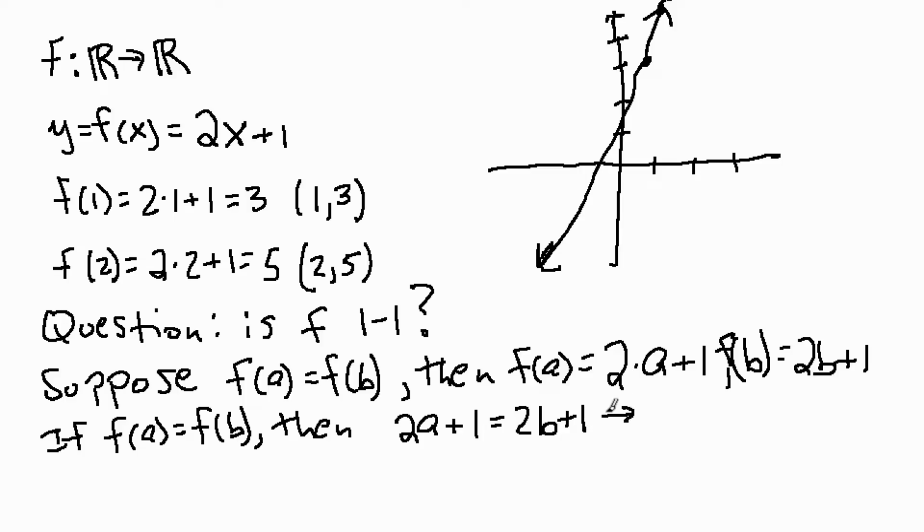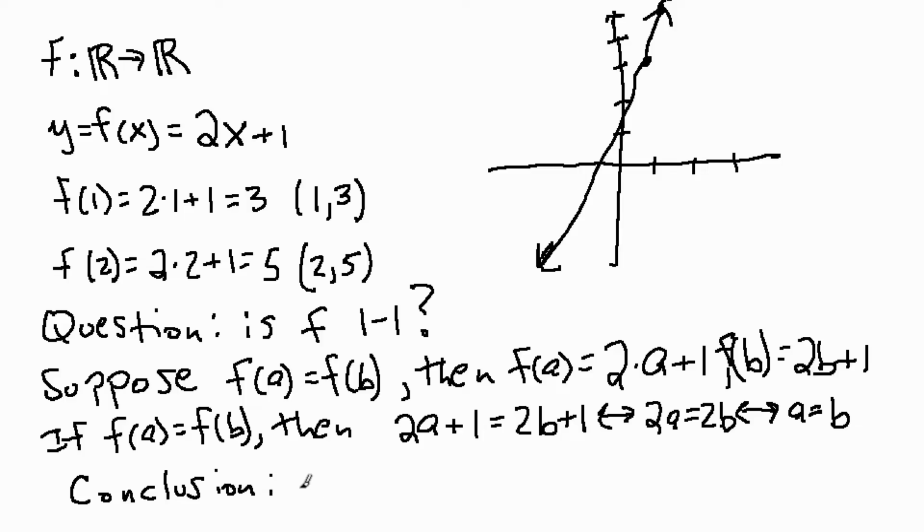And that is true if and only if 2a is equal to 2b. And that is true if and only if a equals b. So our conclusion is that f is 1 to 1.